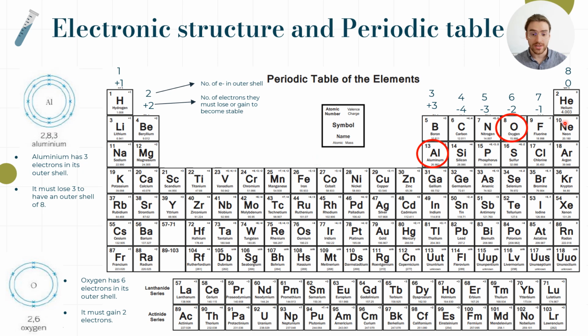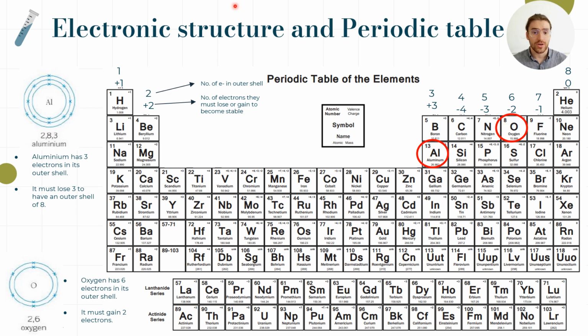On the other hand, we're going to be looking at our groups where it's easier for them to gain electrons to make a full outer shell, and these are groups 4, 5, 6, and 7. As they gain electrons, they're going to become negatively charged, therefore they're going to be negatively charged ions.